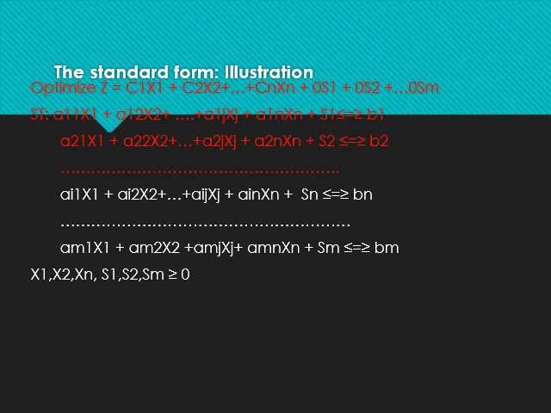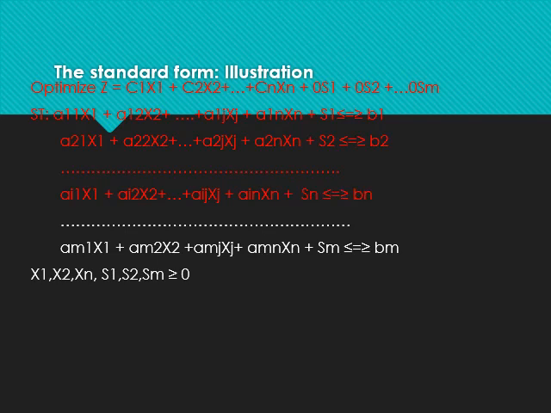The second constraint, A21 x1 plus A22 x2 plus A2j xj plus A2n xn plus s2 plus or minus b2.